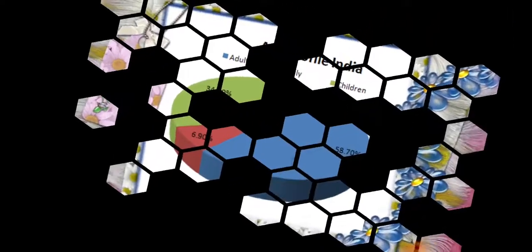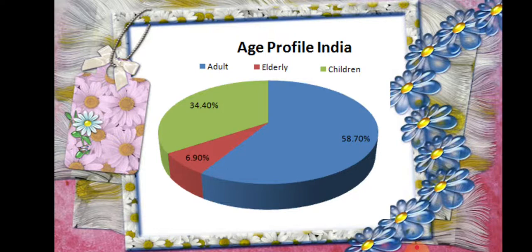So let's see the age profile of India, that is, the age structure of India. If you observe this pie chart, you can see the adult or working class population is around 58.70%. The elderly population, the senior citizens, is around 6.90, that is 7%.